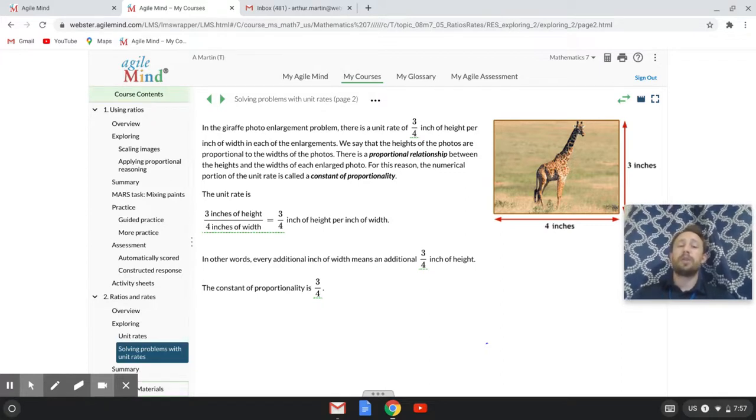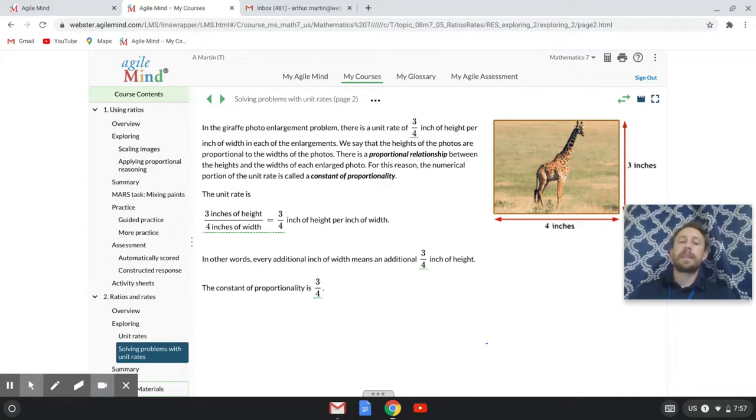So it says that the unit rate equals 3 divided by 4, or in our case, we know that that means 3/4 of an inch in height is equal to 1 inch of width. Or in other words, we can say 3/4 inch of height per inch of width.